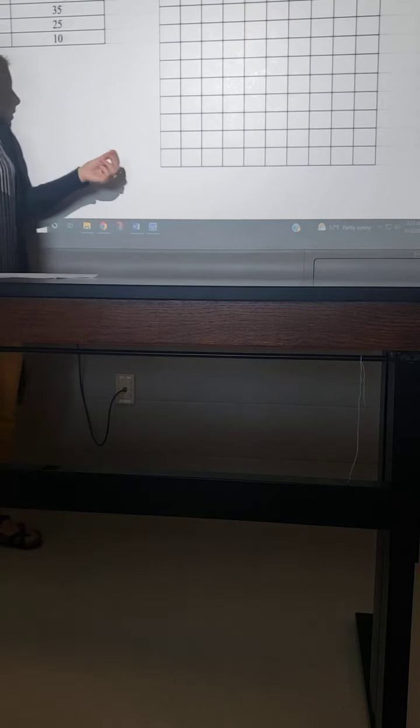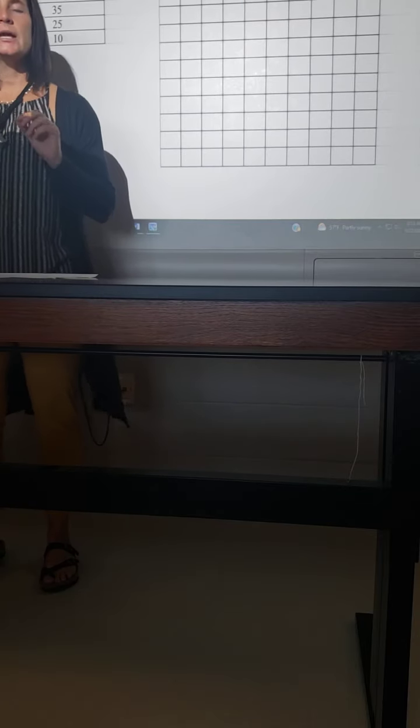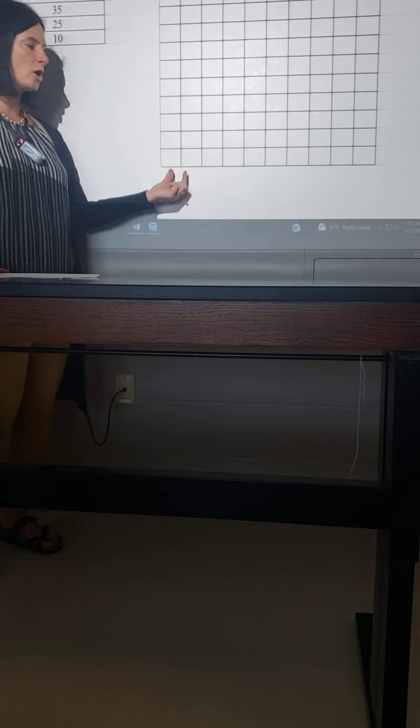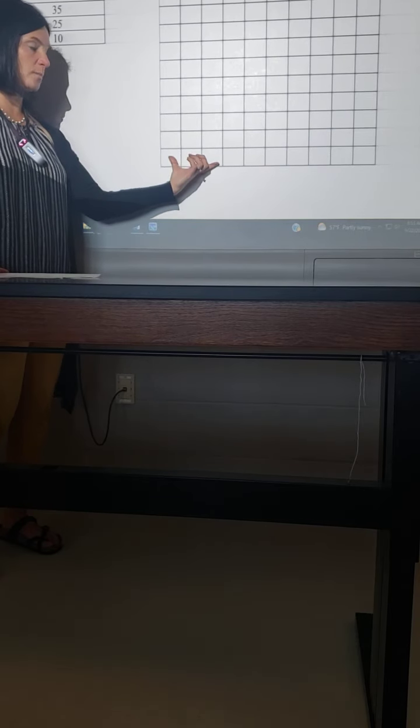And so the next thing you have to decide, how many bars are we gonna have? Zach? 3. And so one for each size of ball. It doesn't matter how many squares wide you make each bar. It could be 1, it could be 2, it could be 3.